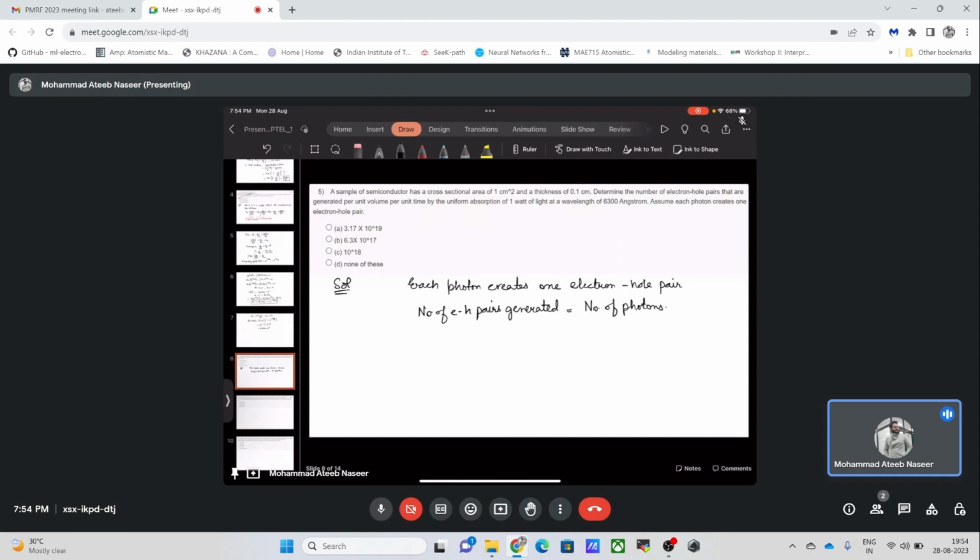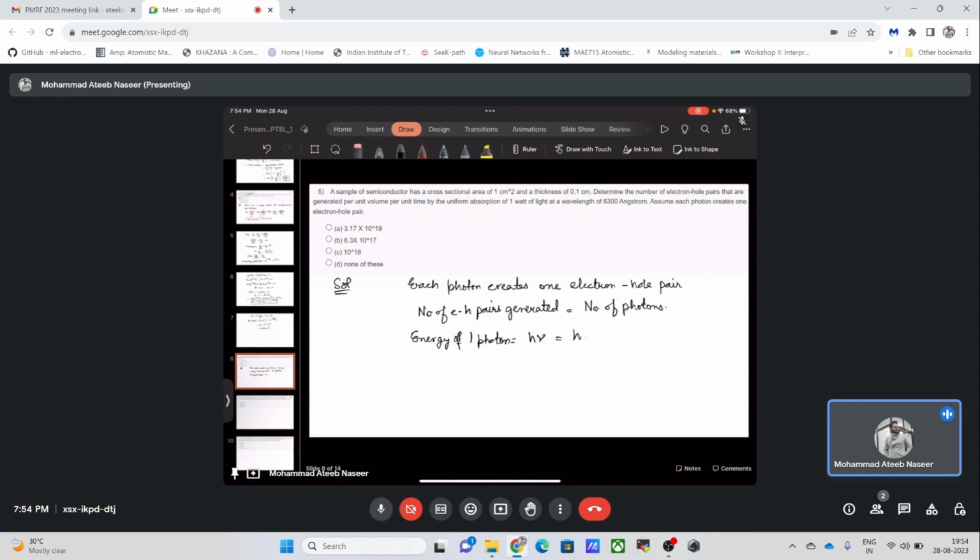Now the power is 1 watt and the wavelength is 6300 angstrom, but for the energy of one photon, we can use our famous relation which relates the energy with the frequency. Energy of one photon is simply h nu.